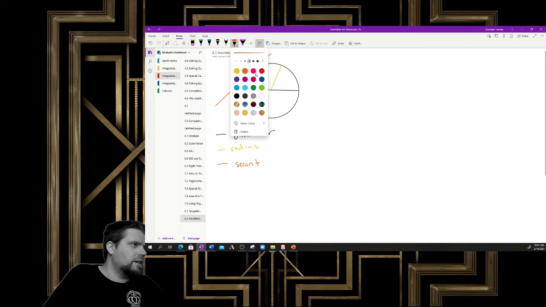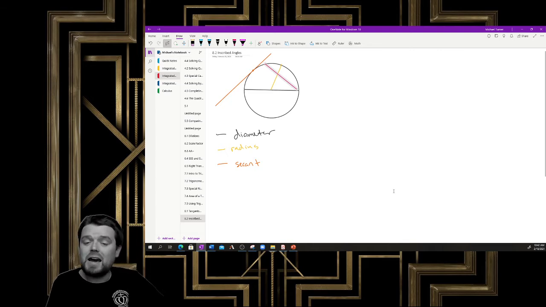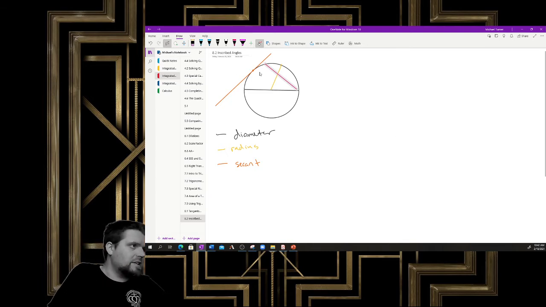For instance, if I had a line segment going from here to here, it's contained inside the circle, but it's not passing through the center. That is an example of a chord.